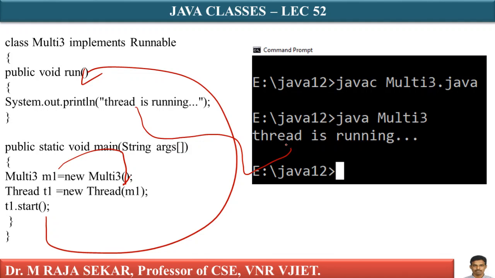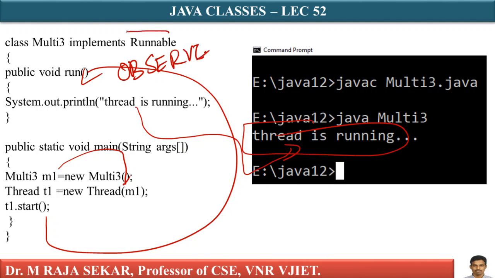Output will be thread is running. Just try to observe this program carefully. Let me repeat it again. Even though you are implementing the runnable interface, you need a thread class object to pass this runnable object.